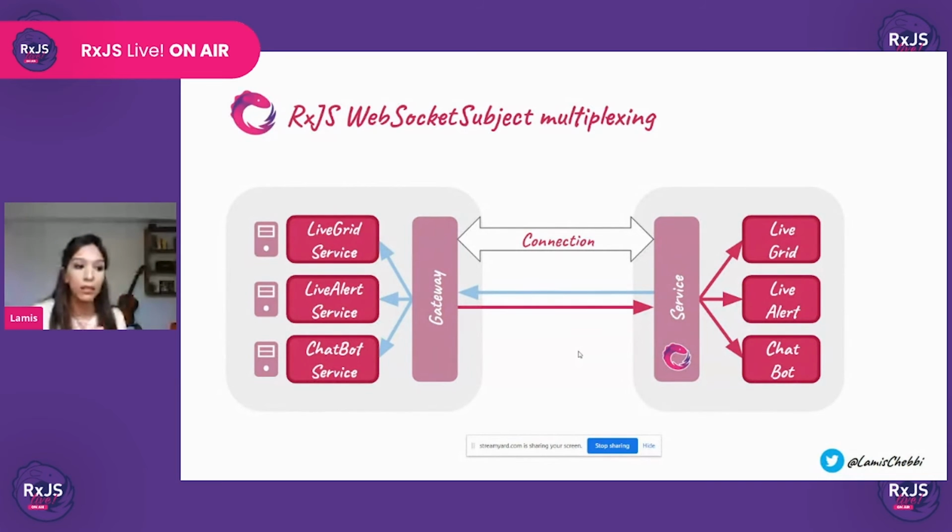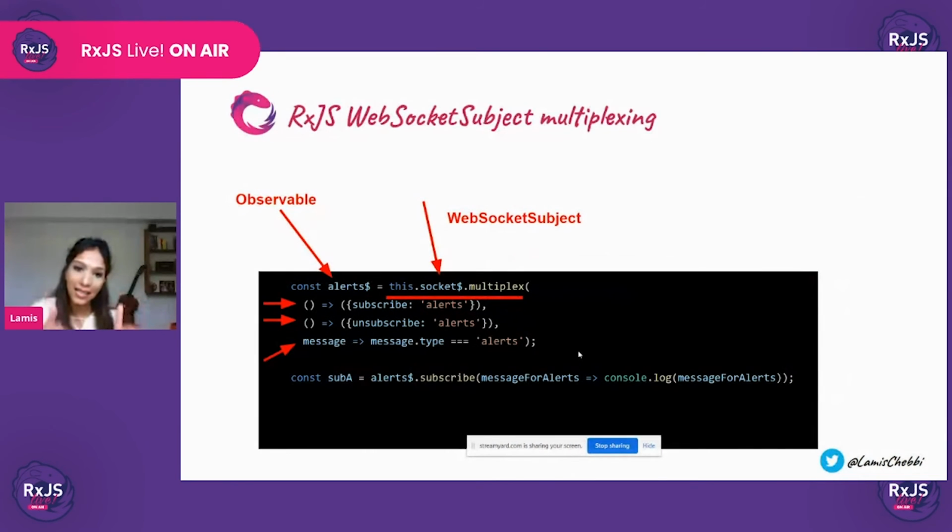This story of gateway is highly recommended. But still, even if there is one gateway in your client side layer, you may want to manipulate streams as if they were coming from different services. And this is exactly what multiplex is implemented for. You can create your WebSocket subject and then multiplex it as many times as you have services.